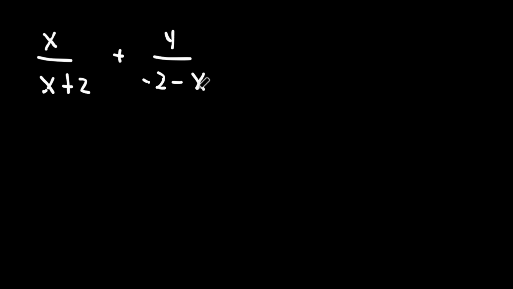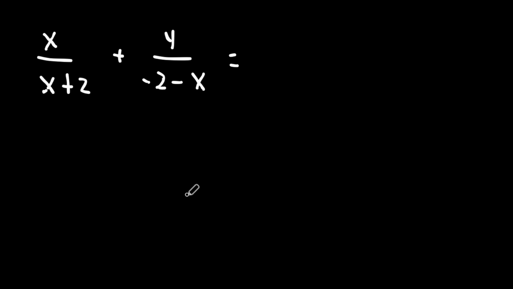Because when you have algebra, let's say you have x plus 2 and let's say you have something like y over 2 minus 2 minus x. How do I do this?